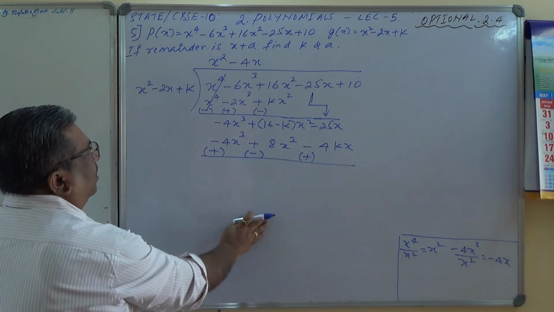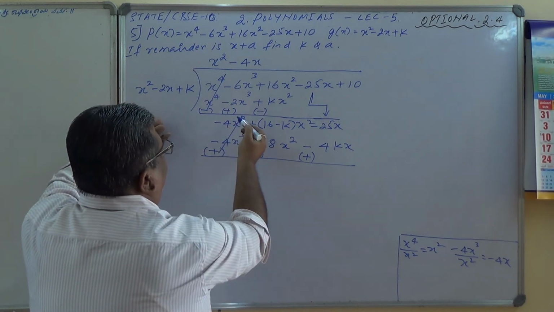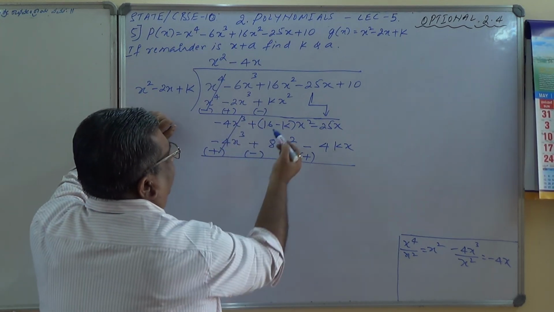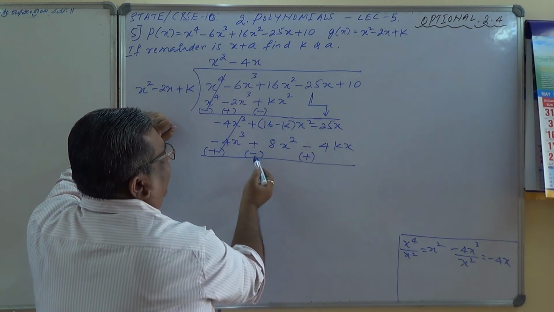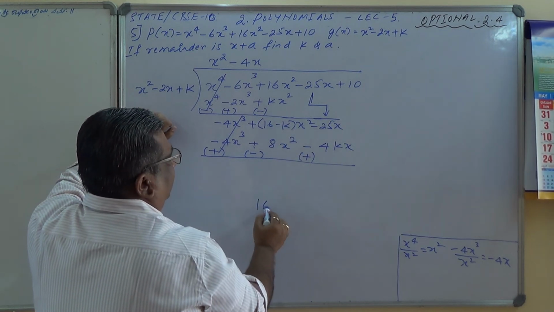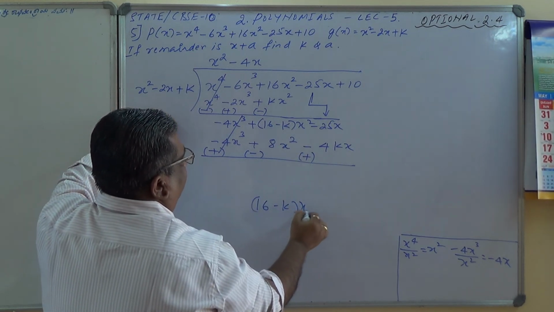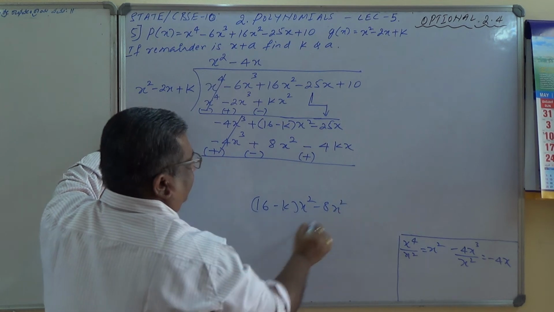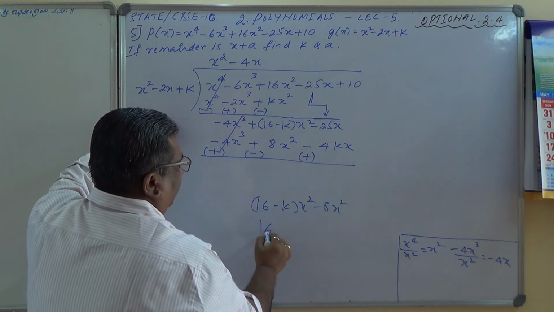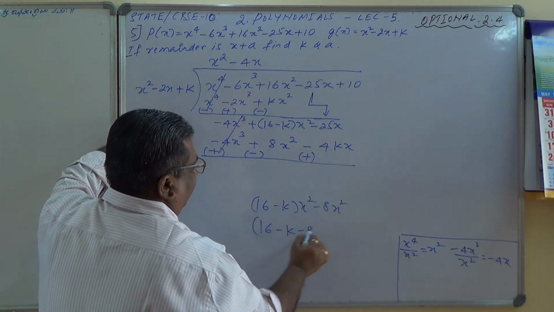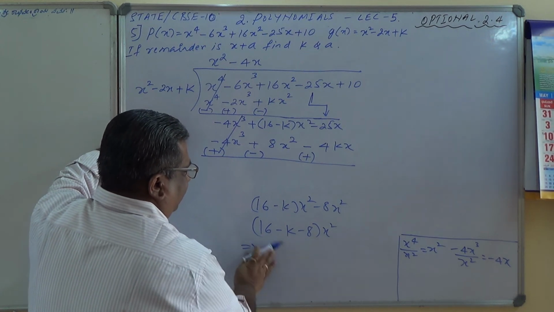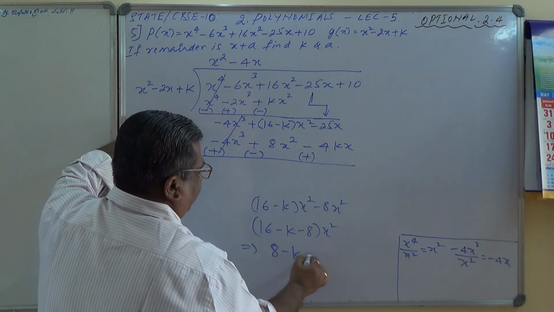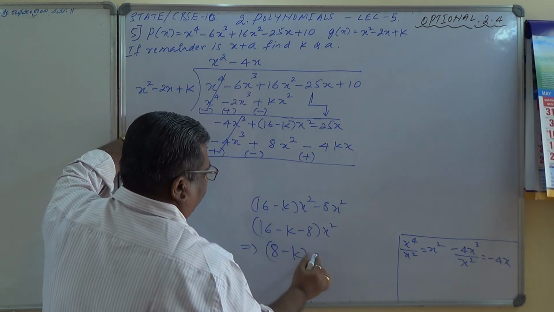Okay, now this will cancel, minus 4x cube plus 4x cube, and here this is 16 minus k minus 8. 16 minus k x square minus 8x square is nothing but 16 minus k minus 8 into x square, implies 16 minus 8, 8. 8 minus k into x square.